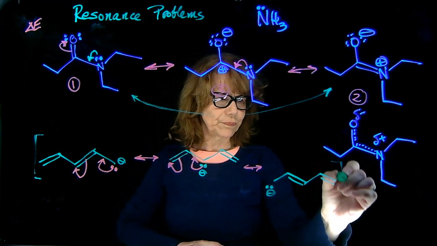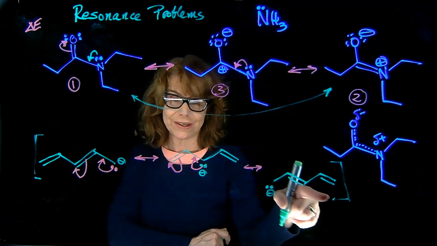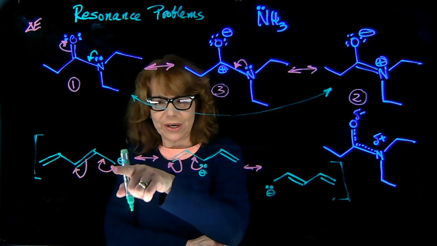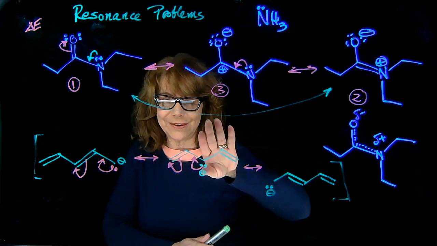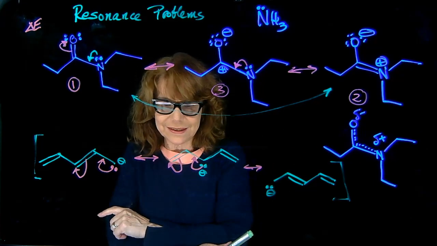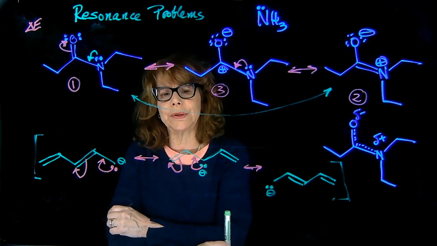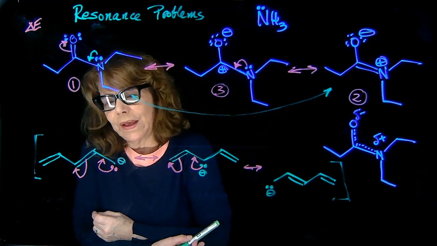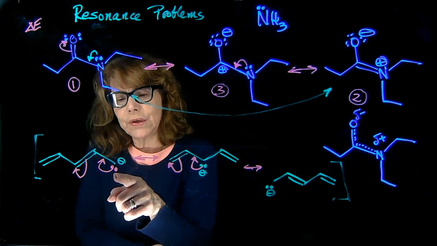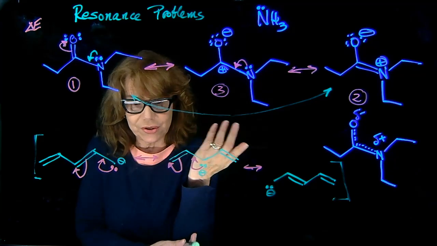Notice that the first and the third are pretty much identical, with the charge at the very end. If you flip it, you get exactly the same structure. So these two structures contribute the same to the hybrid. Now let's see if we have one structure that contributes more than another. Here you have a negatively charged sp2 hybridized carbon.